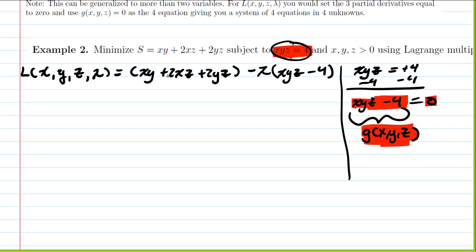We set the constraint equation up and set it equal to 0. Now if we multiply this out a bit, we end up with, I'm just going to write L now, xy plus 2xz plus 2yz minus lambda xyz plus 4 lambda.